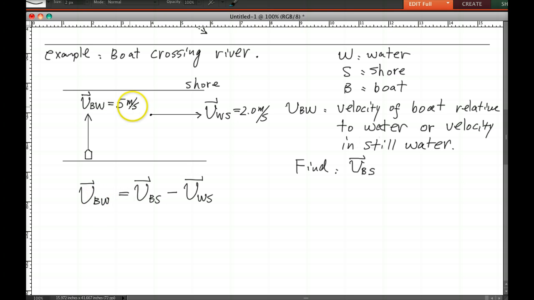That's 5 meters per second. We also know VWS, the water's velocity relative to the shore. Now we are trying to find out this.